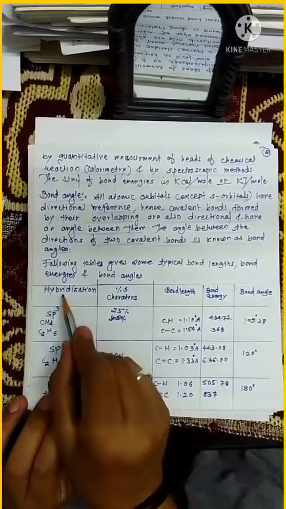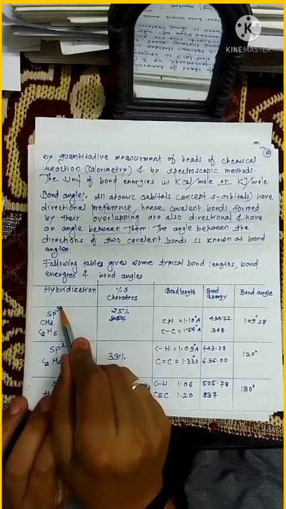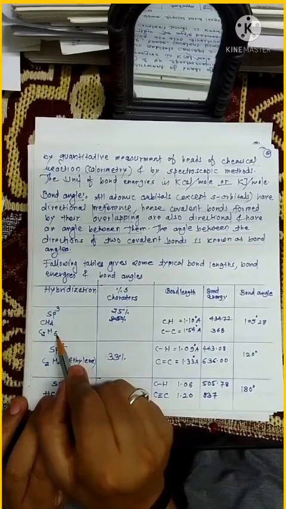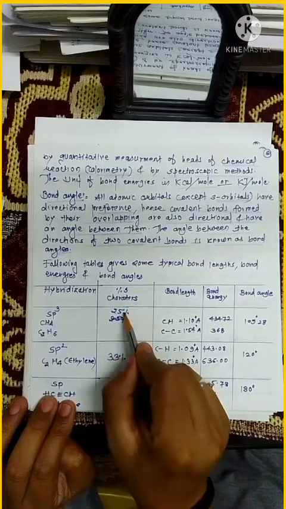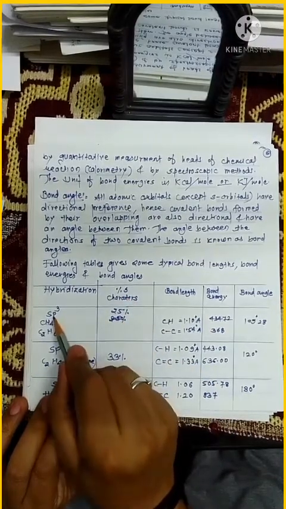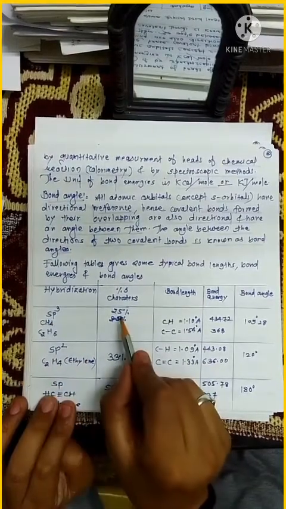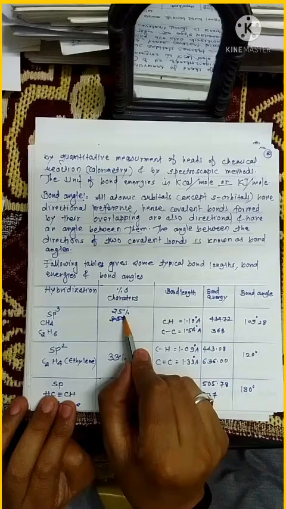So an example of sp3 hybridization is methane and ethane. If we calculate the percentage character of s orbital in sp3 hybridization, it is 25%.